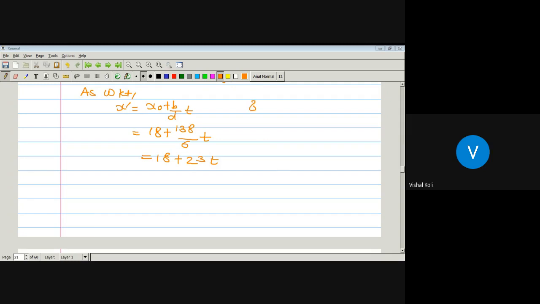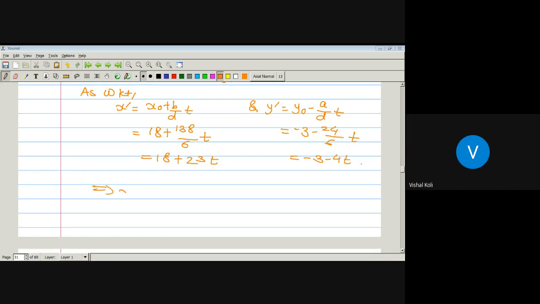And y dash is nothing but y0 minus a upon d into t. What is y0? Minus 3 minus a, which is 24 divided by 6, into t. 24 divided by 6 is 4.